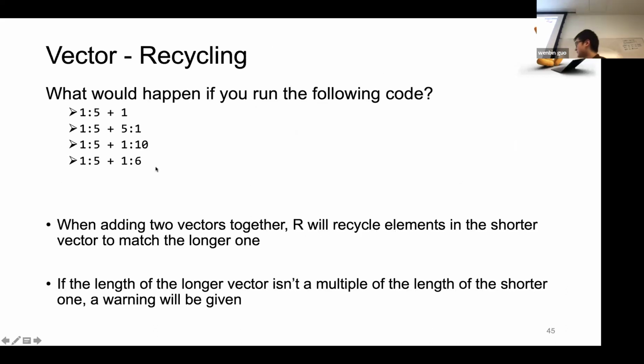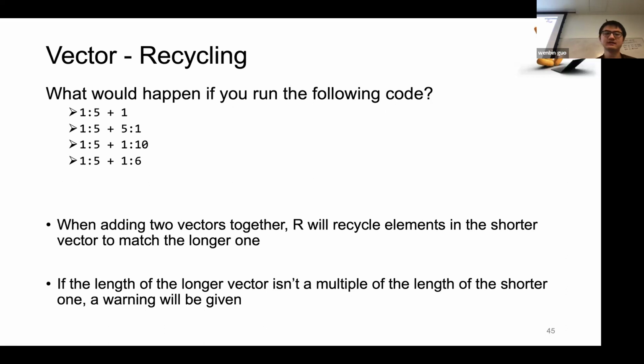Another thing I want to mention about vectors is recycling. If you run this code, you will see that the result will be determined by the longest vector. And if the two vectors' lengths are not multiples of each other, then you will see a warning. So I guess you can try to run it on your own. The idea behind it is that in R, the shorter vector will be recycled towards the longer vector to match them.